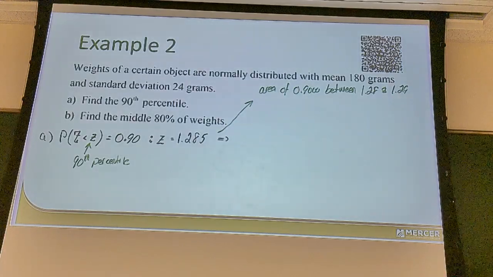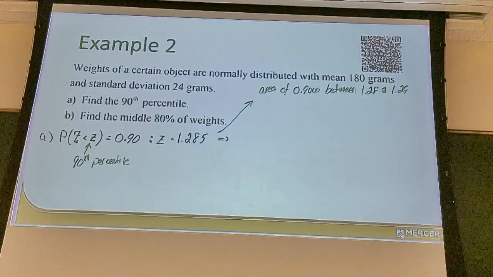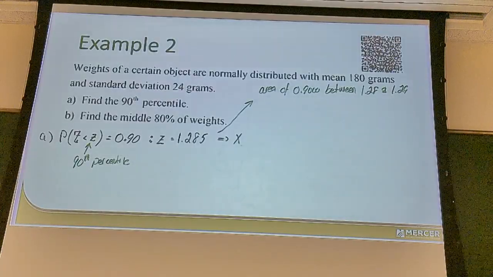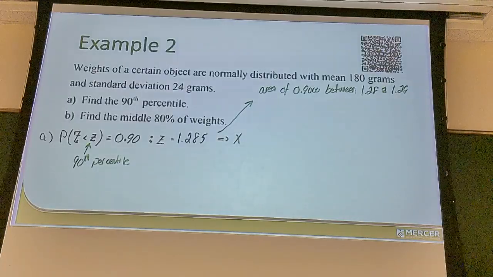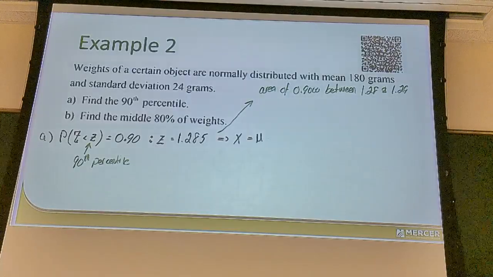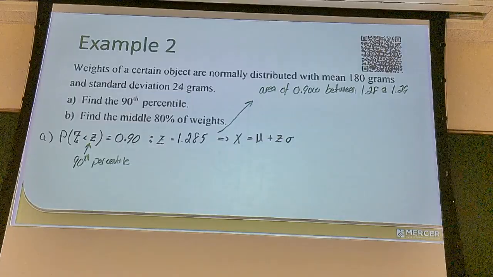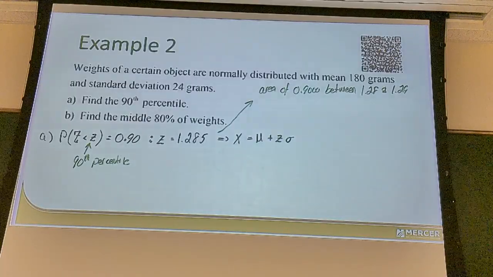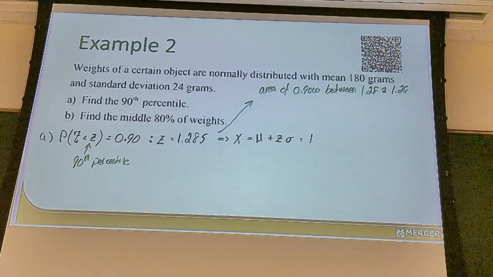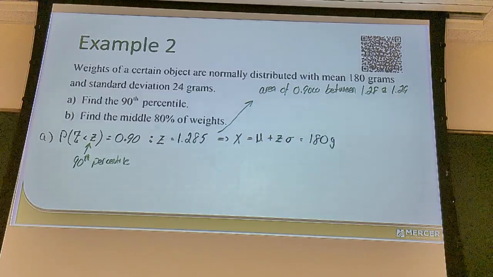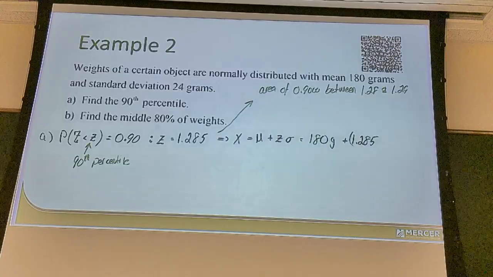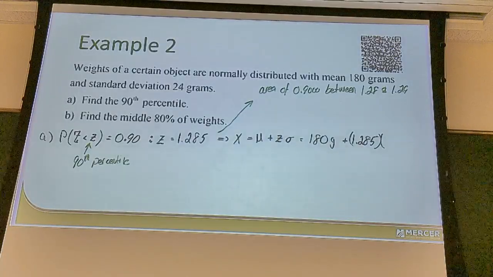But that is just the z-score. We want the actual weight. Well, that is mean plus z-score times standard deviation. Mean was 180 grams, right? There's our z-score and our standard deviation of 24 grams.